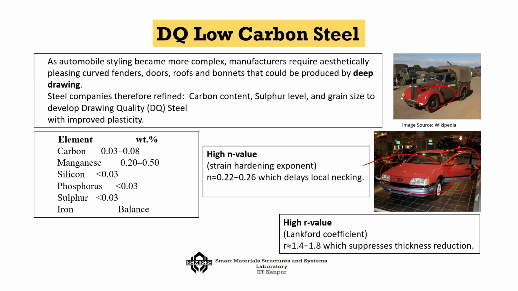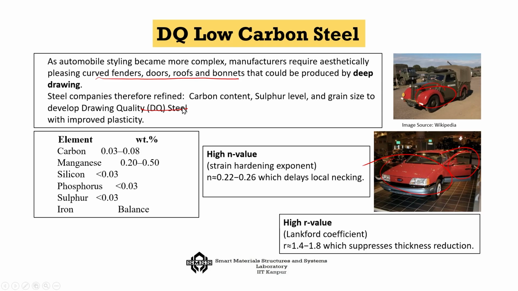However, if you want to do that, the steel will be subjected to large deformations. That means it should have a deep drawing capability. So, for all the aesthetically pleasing systems, deep drawing capability is required in the steel, and that is how the drawing quality or DQ steels were developed.